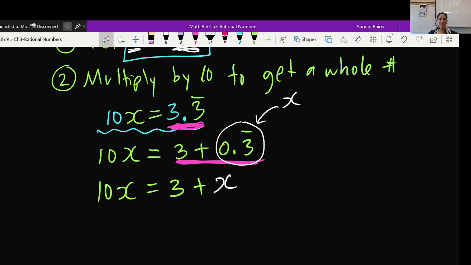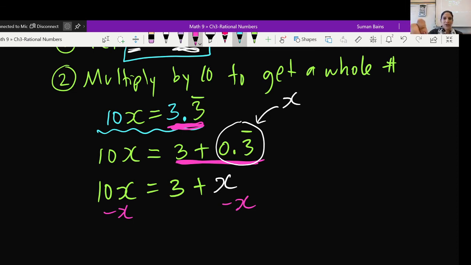So then, if I want to get x by itself, and I have a 10x over here and an x over here, anybody know what I should do next? Subtract x on both sides. Everybody good with that? So minus x here and minus x here. An equation is like a scale. Whatever we do to one side, we do to the other.